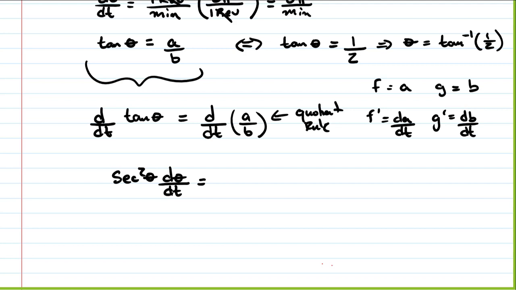So our quotient rule is G F prime, so B times dA dt, minus F G prime, so that's A dB dt, all divided by G squared.